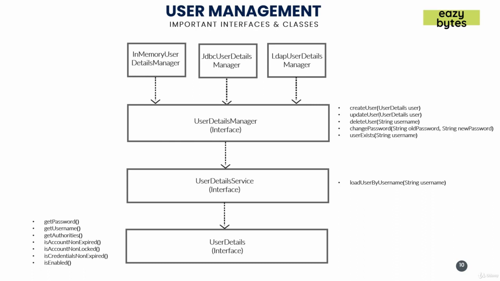In such scenarios, whether you are using MySQL, Oracle or MongoDB, wherever you are saving your user details, we will use the already implemented class, which is JDBC user details manager. And if you have a requirement where the users are maintained on an LDAP server, we will use the LDAP user details manager class in our application.